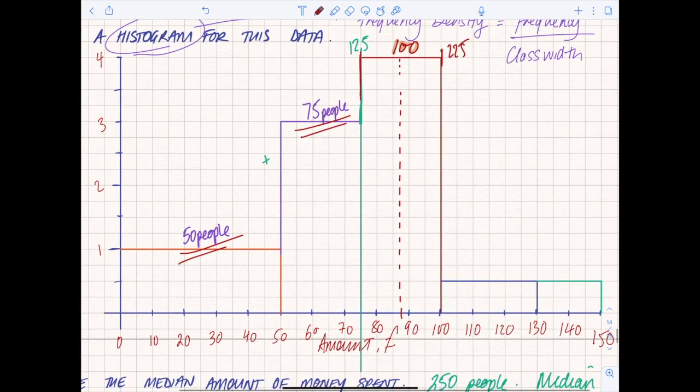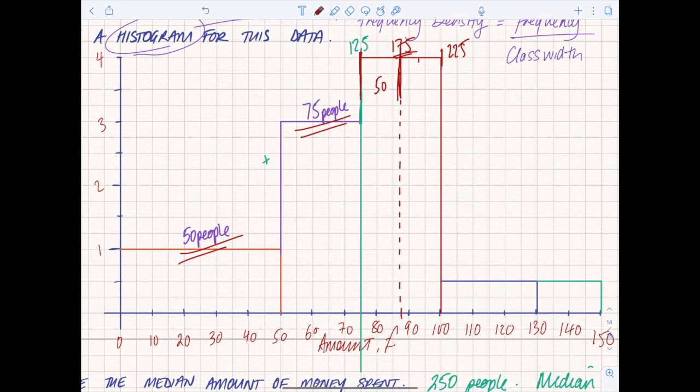So let's just zoom in a bit here so you can see. If I split it down the middle, I could say there's 50 people there and 50 people there. So if that's 125, then this here would be the 100. Let's just rub that out. So at this point here, adding on 50 to 125, that's the 175th person.